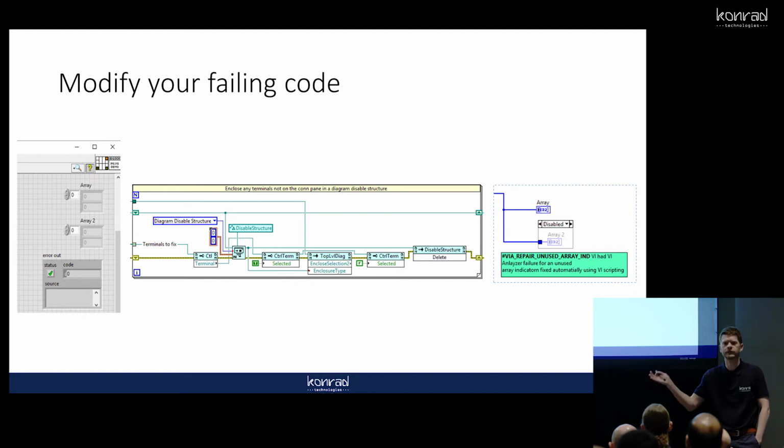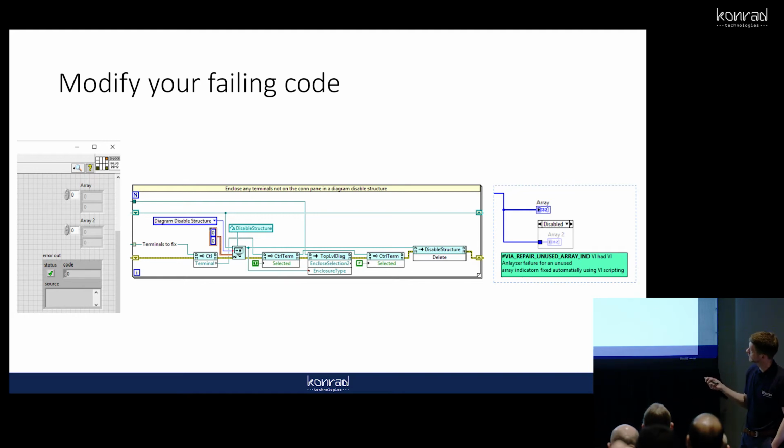Again, I say it's an example just to try and give you a simpler block diagram. But if it finds a duplicate array indicator, it puts it inside a diagram disable structure and then programmatically adds a bookmark to my block diagram to tell me VI Analyzer repaired an unused array indicator because it failed the test. So I've got that traceability, but I've gone ahead and fixed it programmatically.